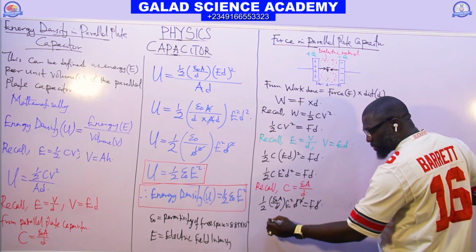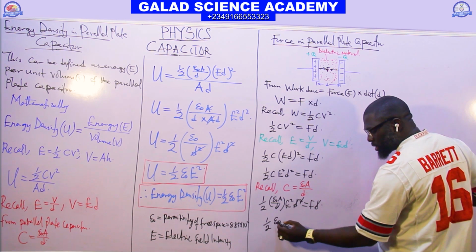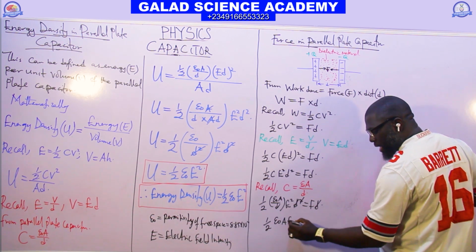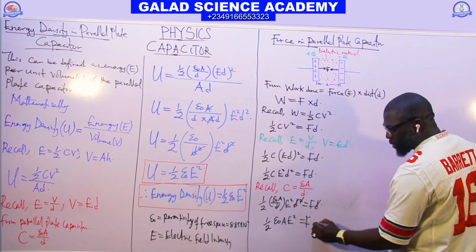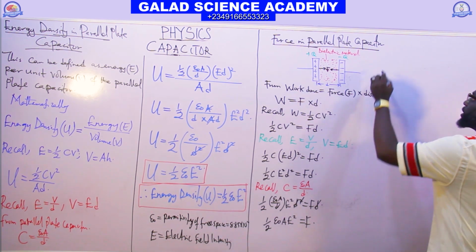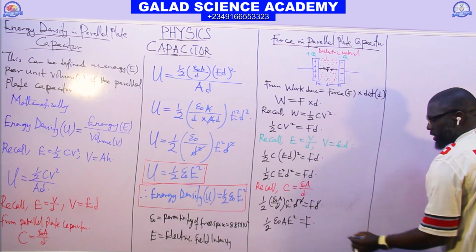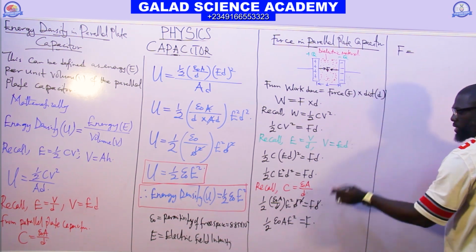You are now left with half of epsilon naught A E squared D, everything equal to F.